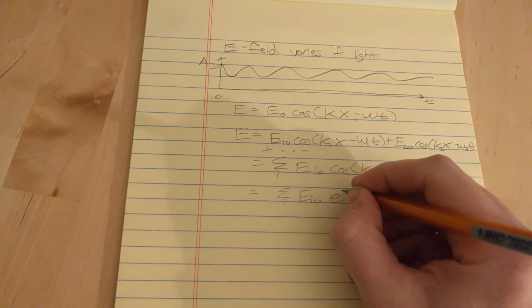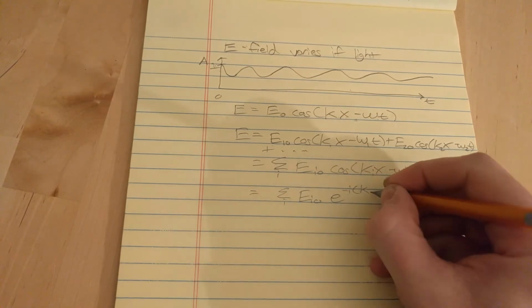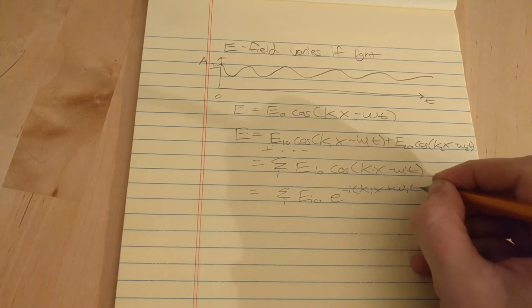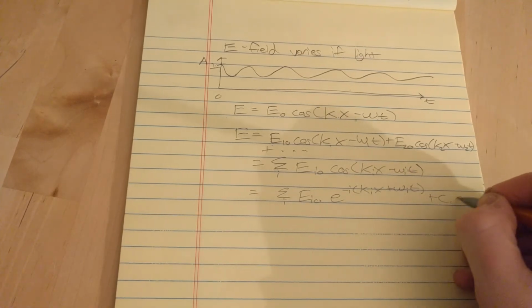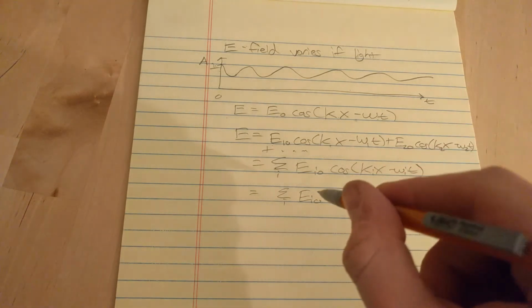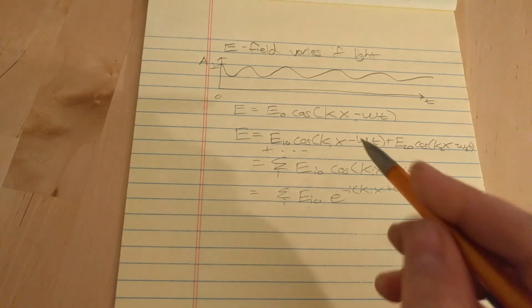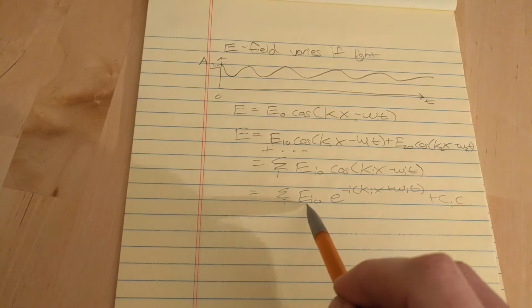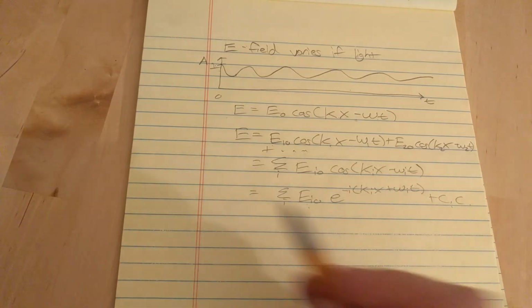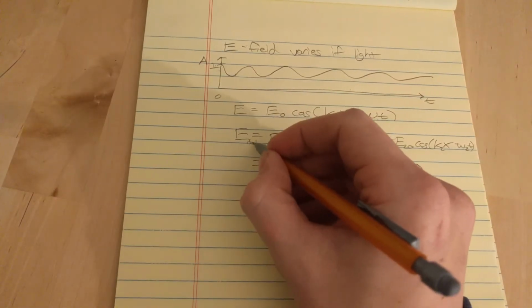You'll see e to the negative i k_i x plus omega_i t, plus the complex conjugate part, which includes the complex amplitude. Okay, so that would be your total E field.